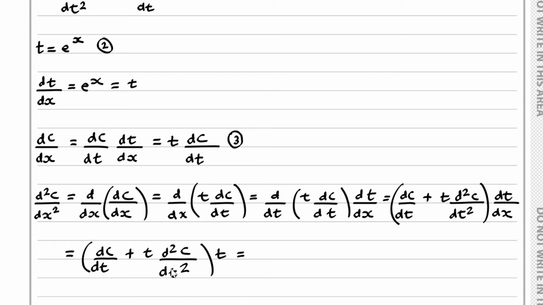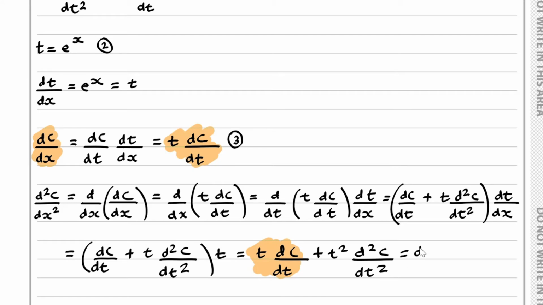And if we expand all this out, we have t lots of dc over dt plus t squared lots of d squared c over dt squared. And hopefully you can recognize that t lots of dc over dt is what we had over here. That's the same as dc over dx.